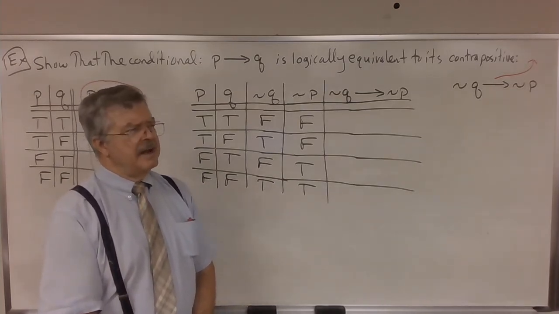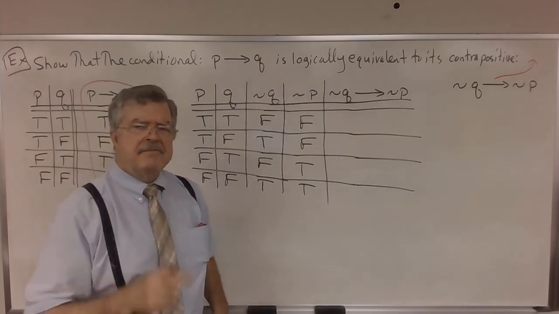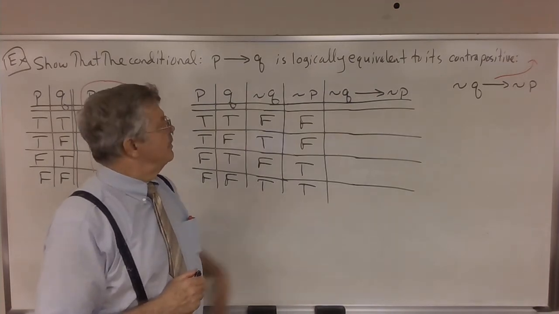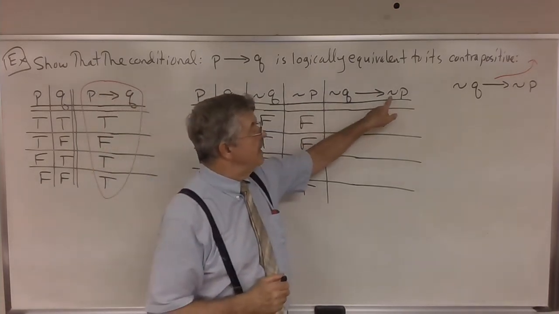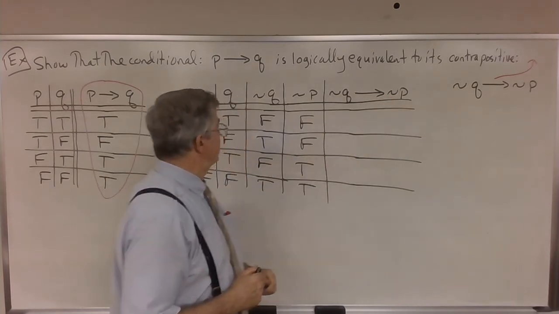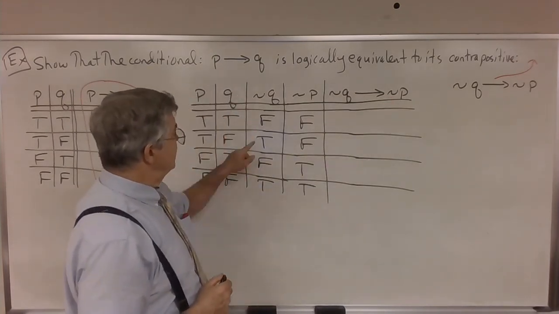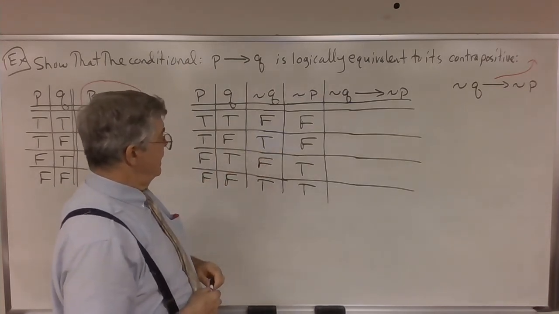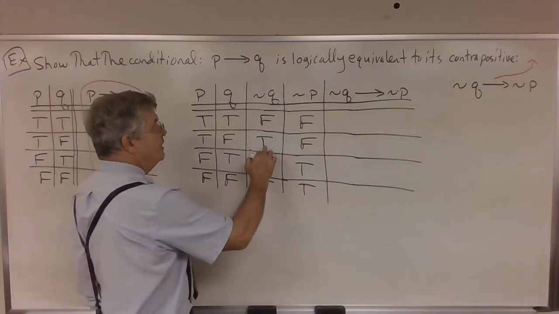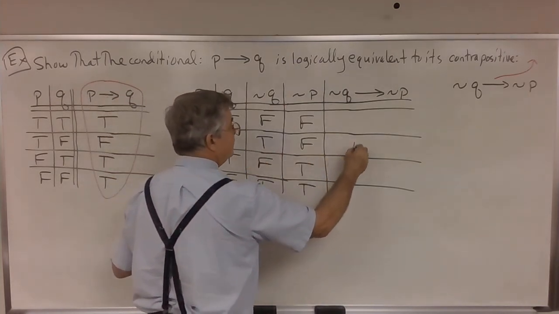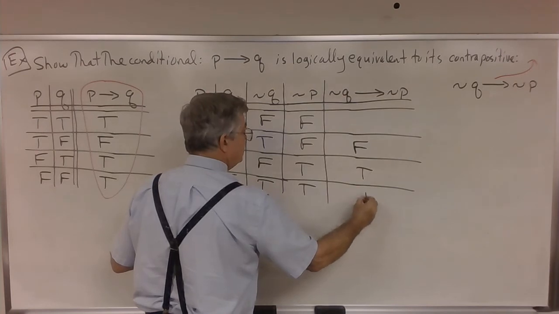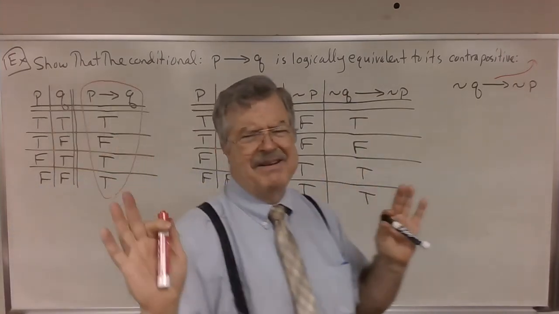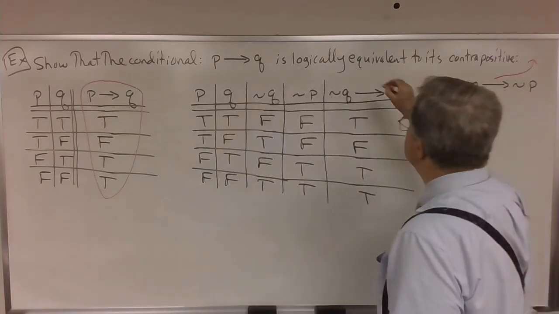The only time that an if-then statement is false is when we have a true implying a false, right? Does that happen? Right here it does. Not Q true and P false. And that's the only time it happens. We have true implying false, so that's false. All of the other times the statement's true. I don't even have to think, and that's great. I hate to think if I don't have to.